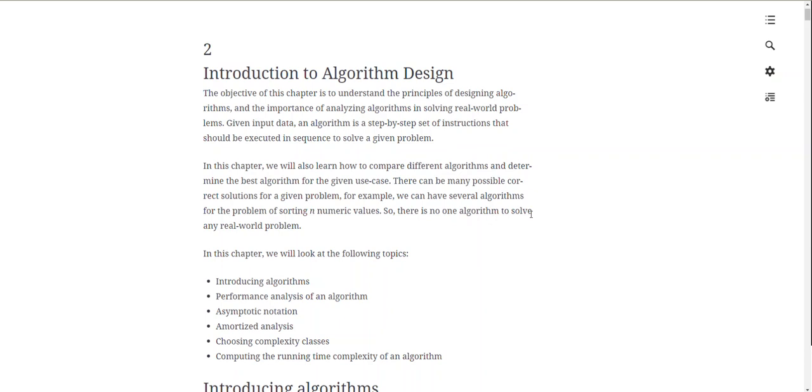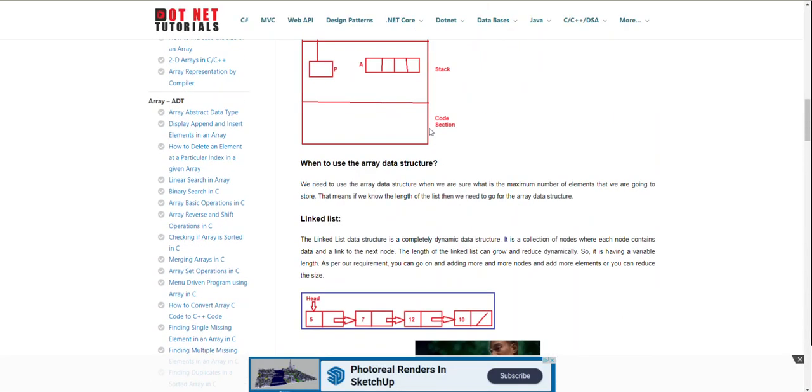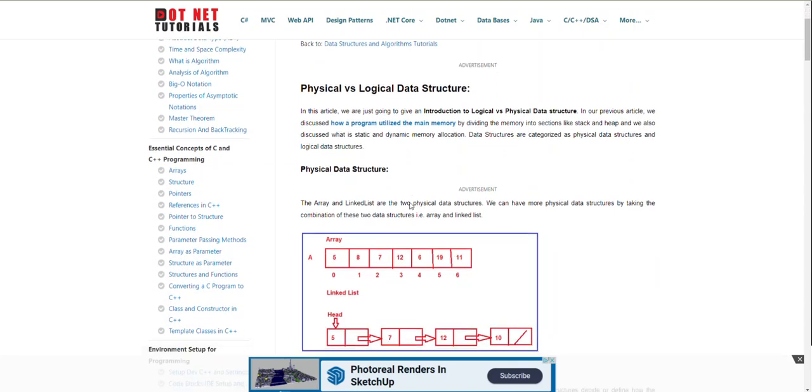They can be data structures if they contain multiple pieces of data. So let's go look at, there's a concept of physical data structure and logical data structure.